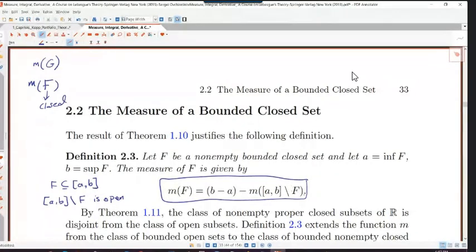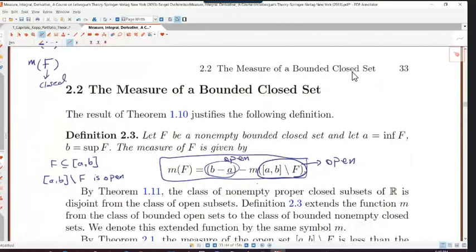An open set has a measure. This is the definition of the measure of a closed set.